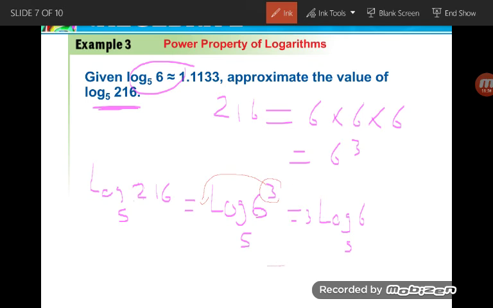It will be equal to 3 times the value of log 6 for base 5, which is given here in the head of the question. It will be 3 times 1.1133, and easily you can find its answer.